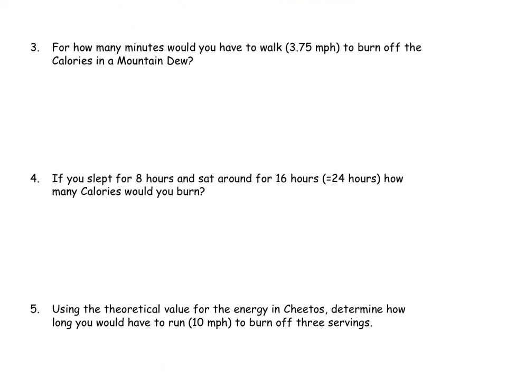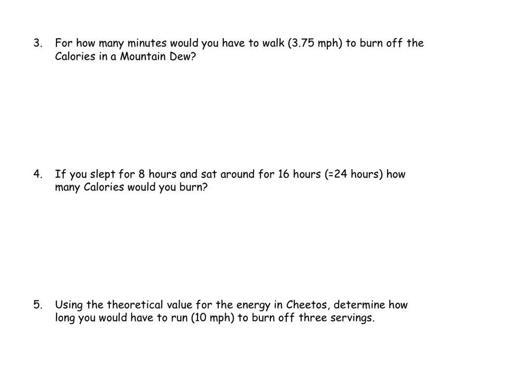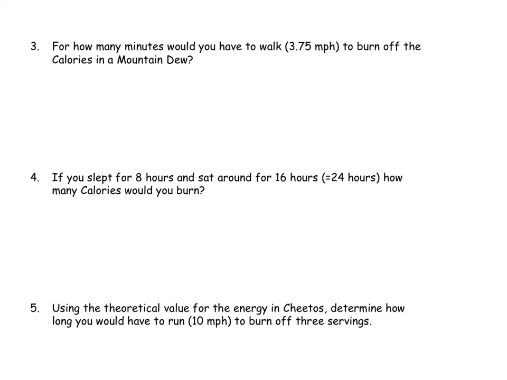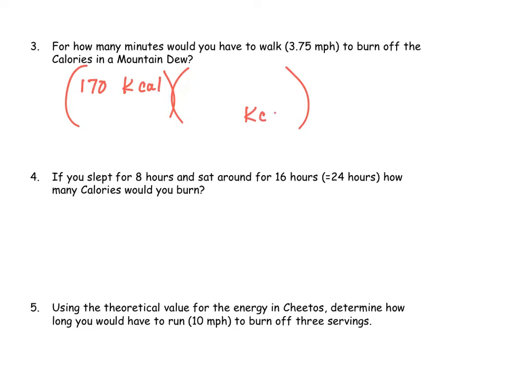Question 3. How many minutes would you have to walk to burn off the calories in a Mountain Dew? Now, same kind of question. So we're going to start with 170 kilocalories again. And this time, we want to walk at 3.75 miles an hour.